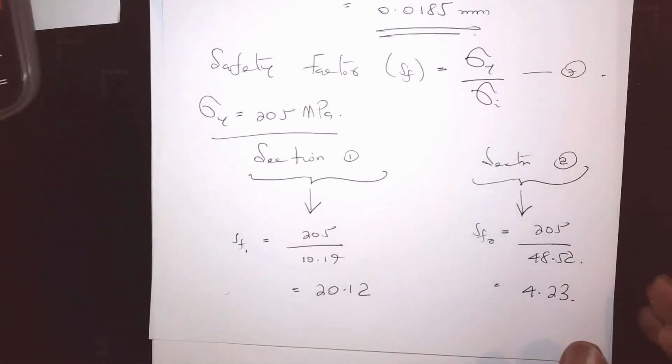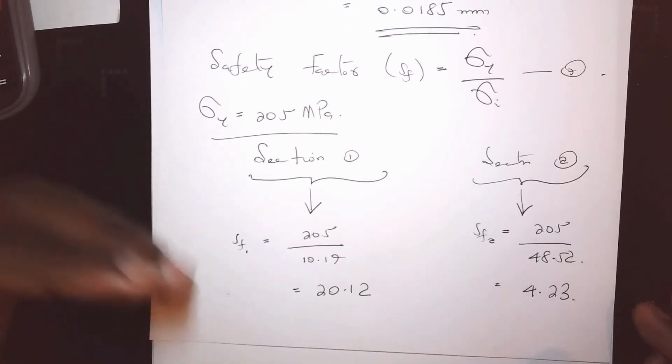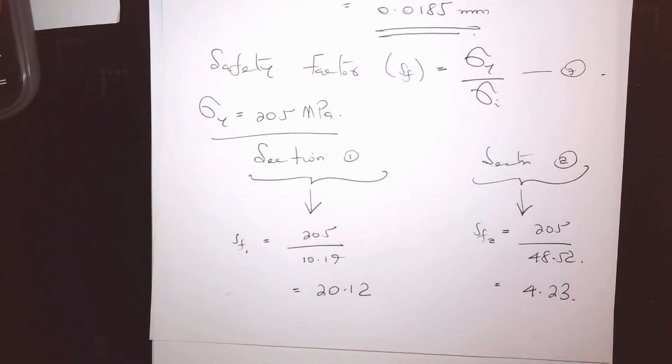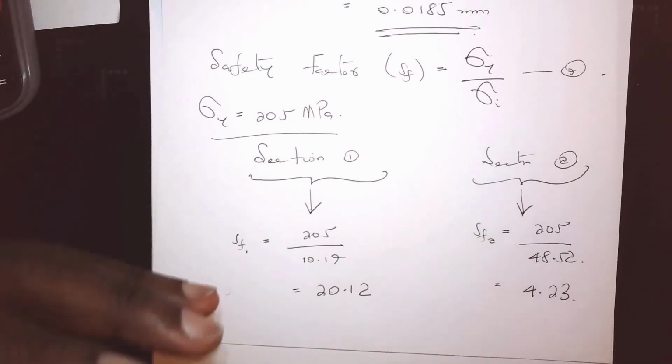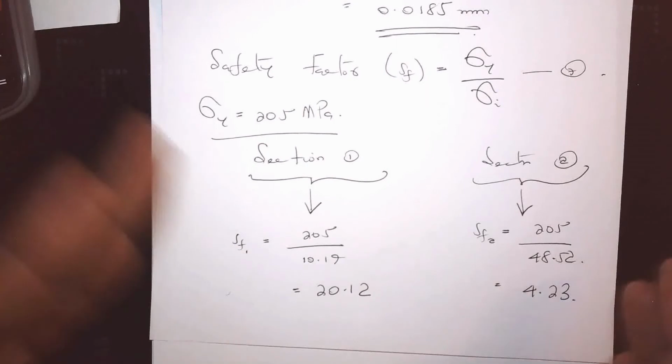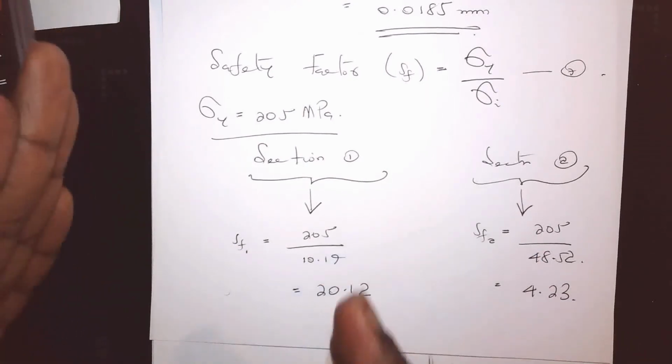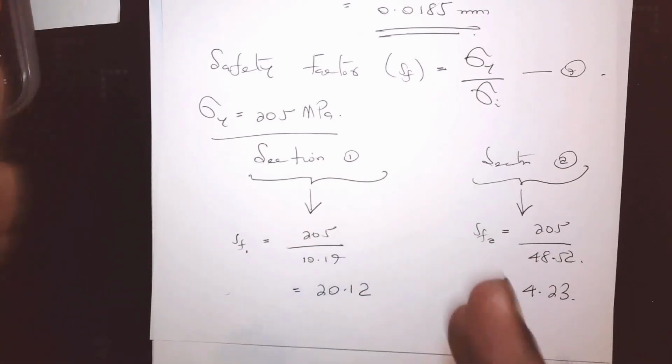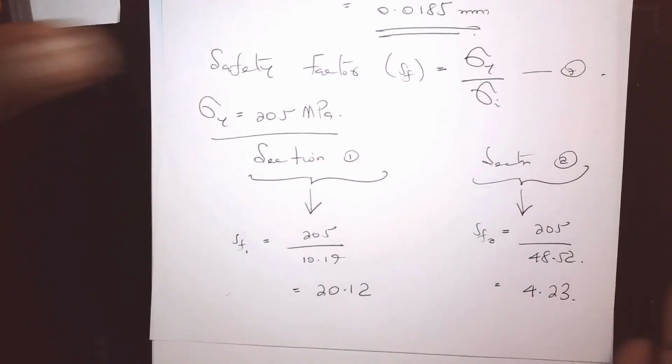And I think it makes sense because if we look at section 2, it's got very little material to resist deformation against applied force. And secondly, that was the section that experienced the greatest strain. So it makes sense that the factor of safety will be smaller compared to the solid section of the step bar.